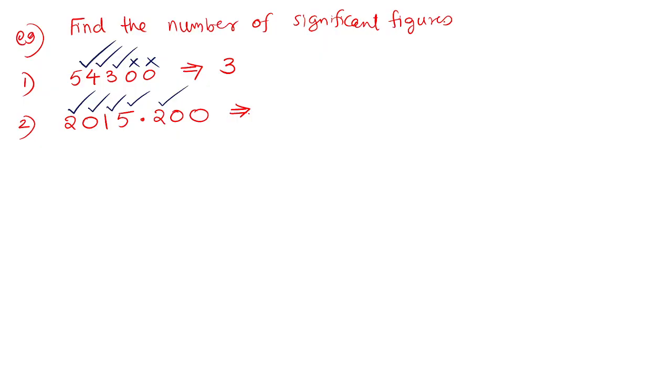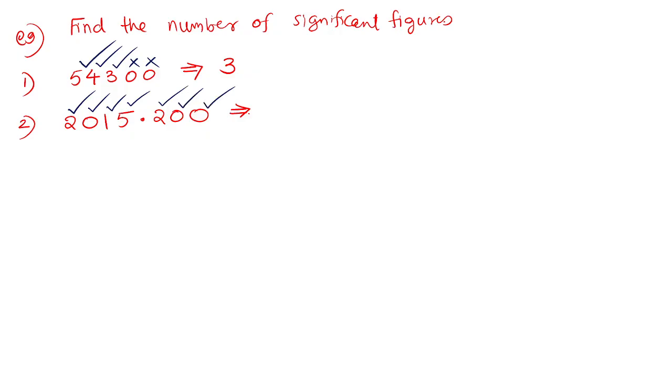They are significant. At the end, these zeros are the trailing zeros, because these zeros appear at the end and come after the point. So these zeros represent accuracy.